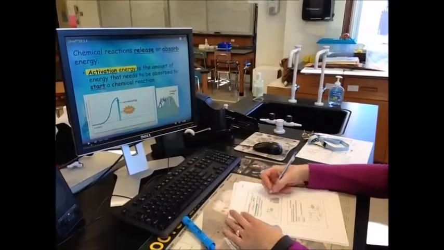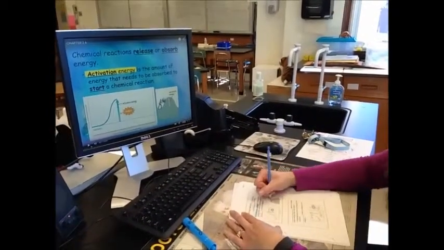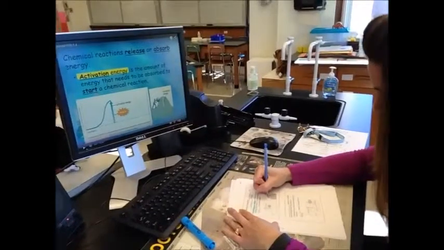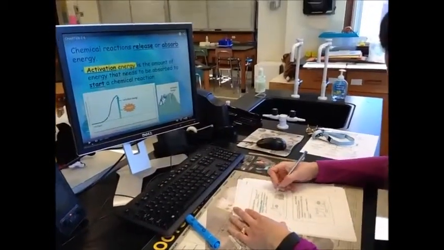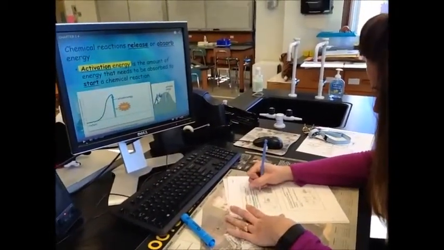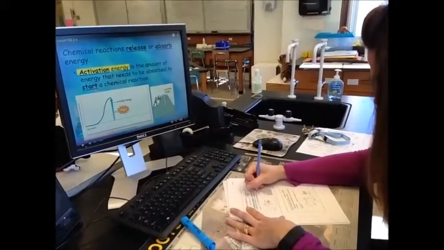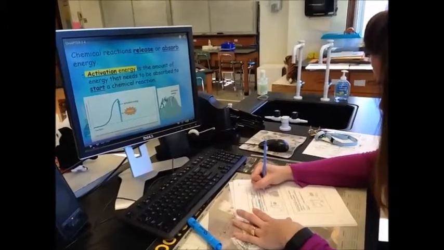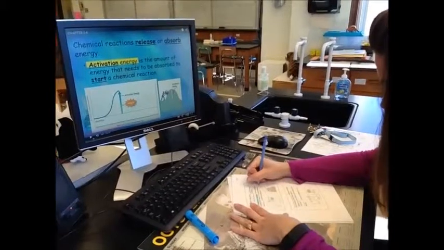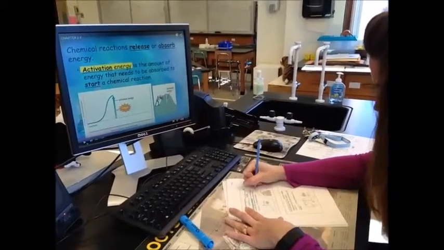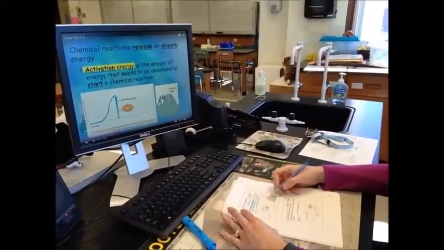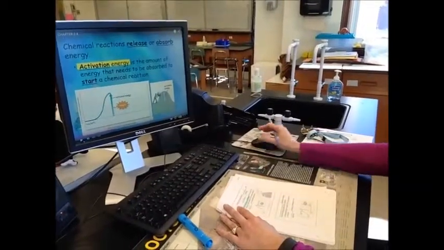Okay, so using my pictures here, I'm going to label this hill so that I understand a little bit more clearly that the hill is the activation energy. I really wasn't sure what that picture was referring to. If it was the top of the hill, I wasn't really sure what that arrow meant.